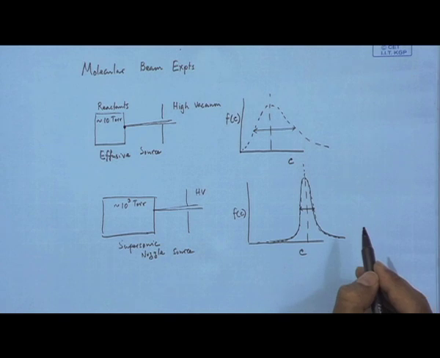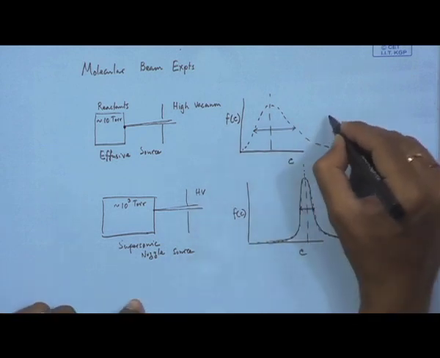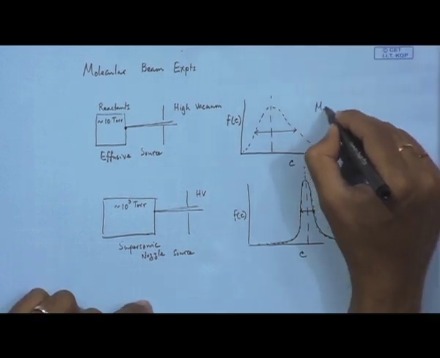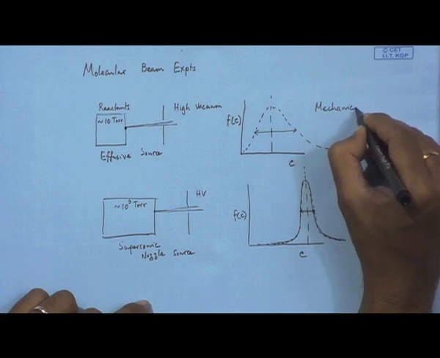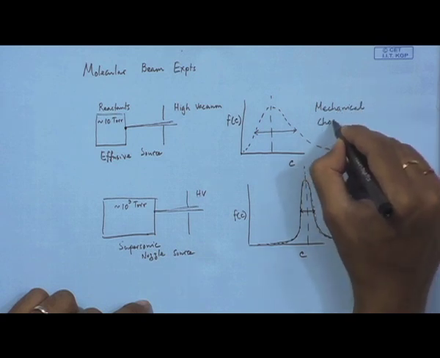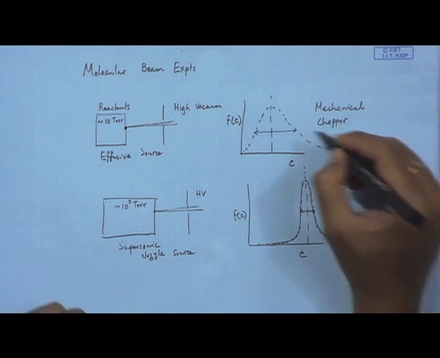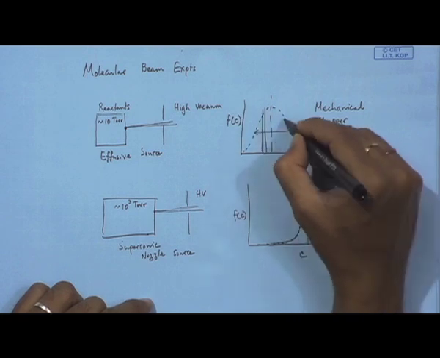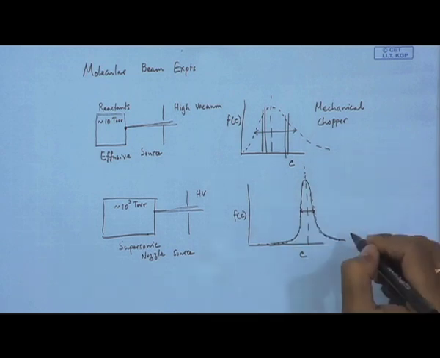Okay. So, velocities can be selected with, in this case, a mechanical chopper. A mechanical chopper can be used to select different velocities. I mean, you can select maybe this portion, maybe this portion with the help of a mechanical chopper. But what will happen for this?